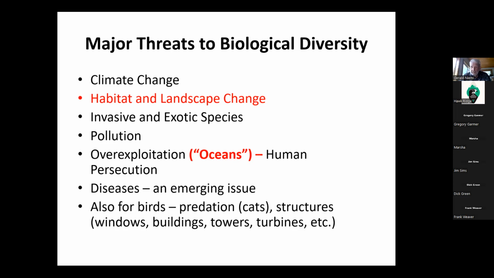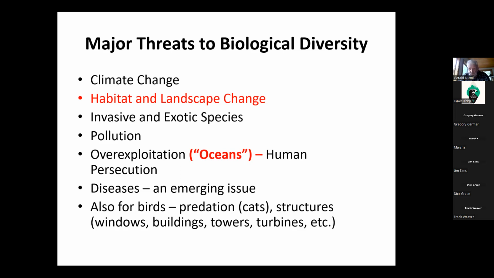But habitat and landscape change, we've known things change. I'll show you a couple of examples of that in a bit. Invasive and exotic species are an issue. Pollution, and that brings in the whole DDT thing, and also the organic chlorine compounds that are being used today. PFAS is being discussed extensively.